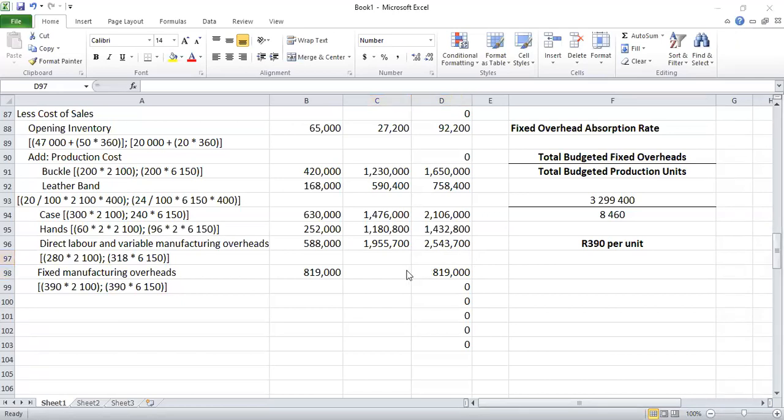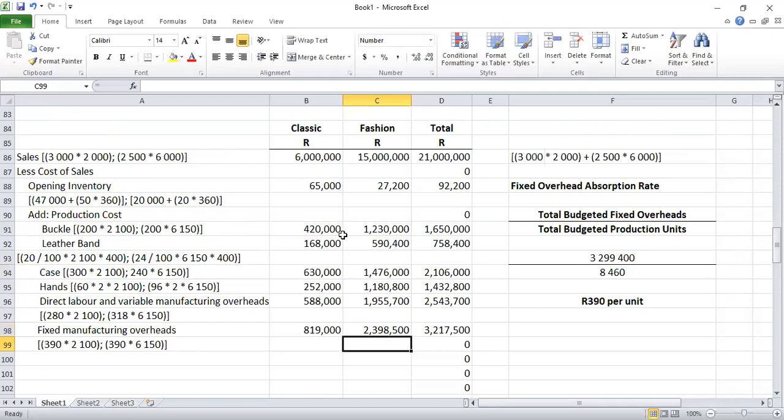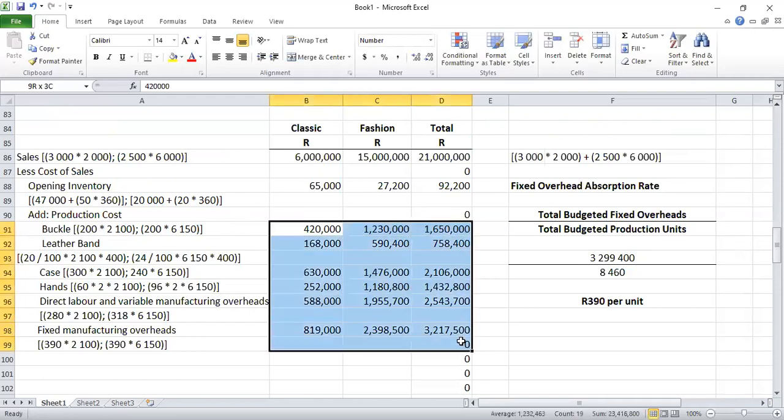Thank you so much. So this will be our total cost. This will give us now our production cost.